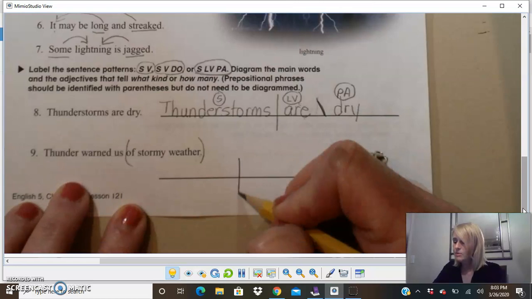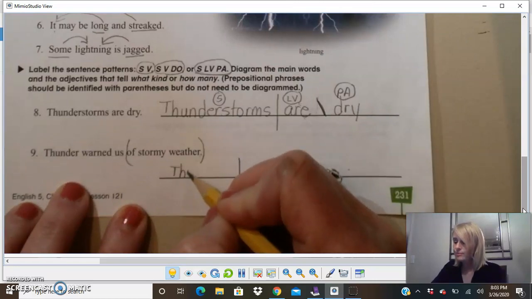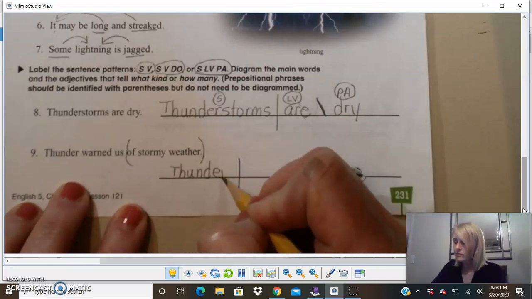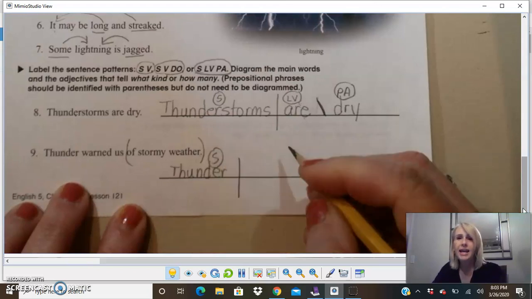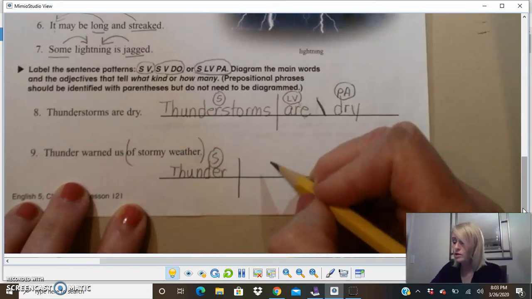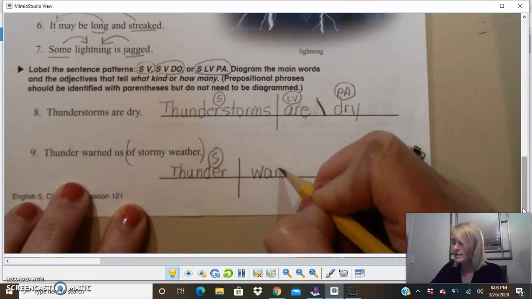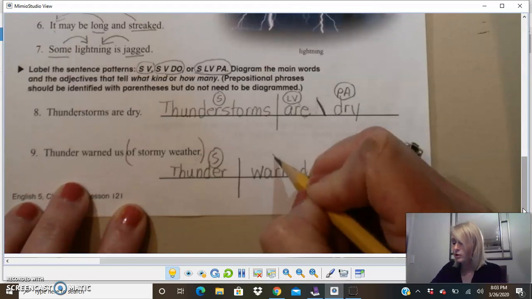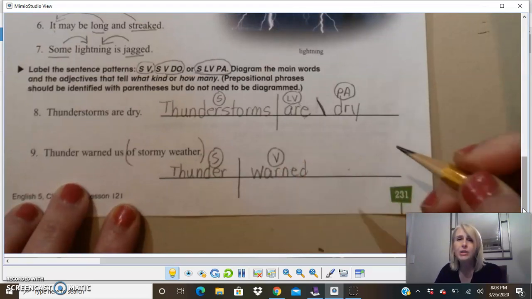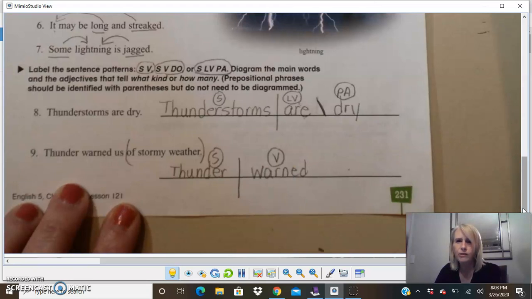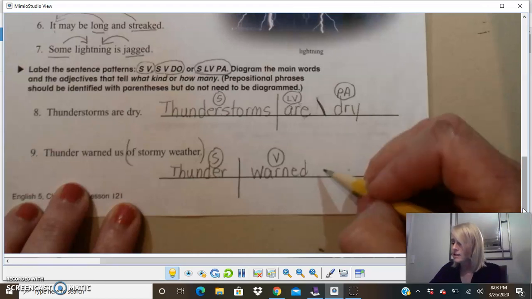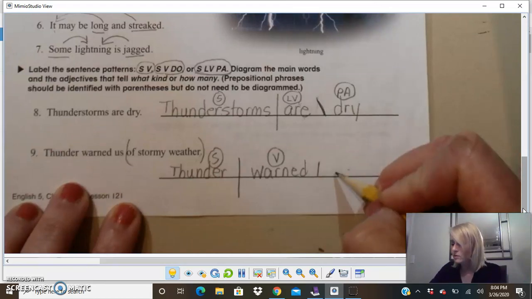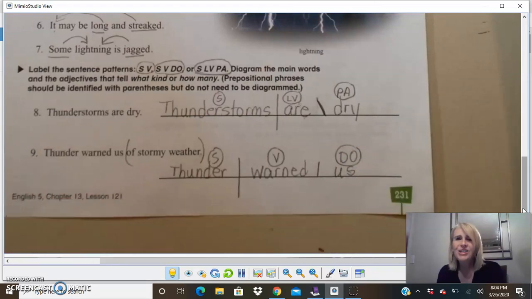The subject is thunder. That's your subject. And the verb is warned, and that is an action verb, so it's just a regular verb. And who did it warn? It warned us. So us is the direct object. Okay, so there you go.